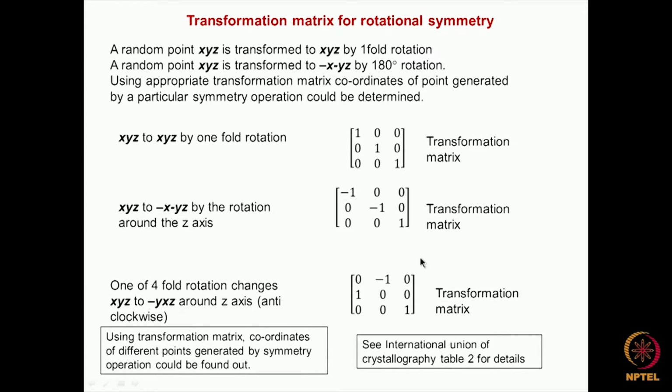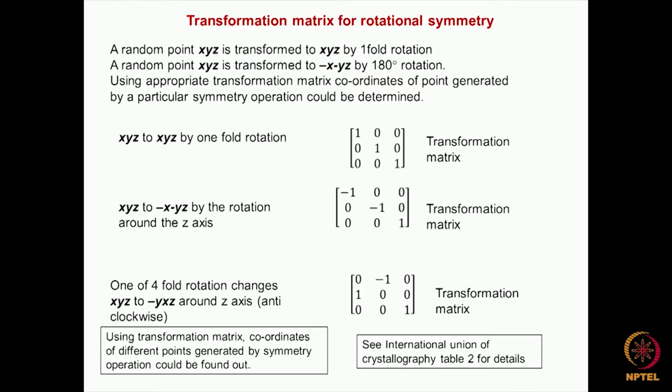So, this is about symmetry representation, but when we have to find out the coordinates associated with any one of them, for all the motifs which are generated, if we are given a coordinate x, y, z, we should know the transformation matrix associated with each symmetry operation.